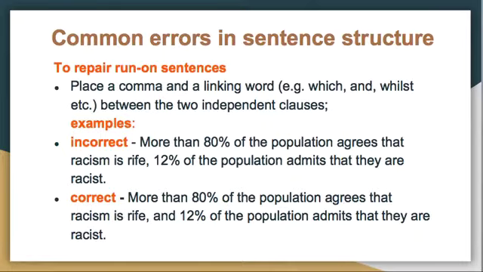The third strategy to repair run-on sentences is to place a comma and a linking word, for example, which, and, will, etc., between two independent clauses. In the incorrect form of the sentence, more than 80% of the population agrees that racism is rife, there is a comma here, then 12% of the population admits that they are racist, and one thing is missing.